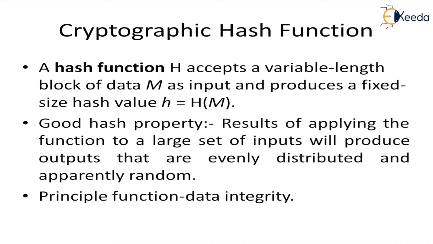In that case, this particular hash function has some specific properties. Some results of applying the function to a large set of inputs will produce outputs that are evenly distributed and apparently random. So the major function which is related to this is data integrity.